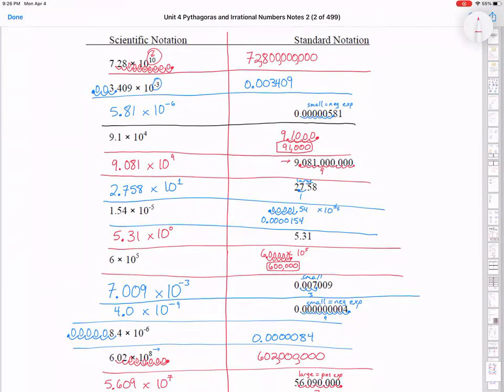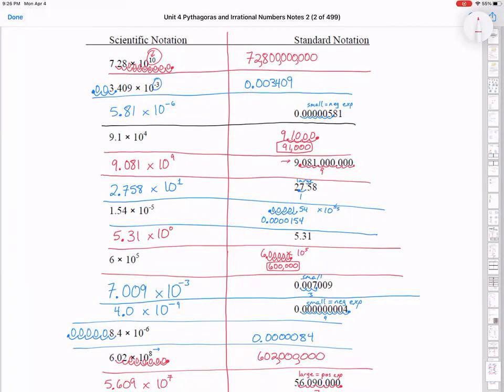If you need to reference this one though, please do it. If you need a blank copy of it, please do it. Try the practice. I don't want to say it's easy to get them mixed up, but you might think, hey, I'm in standard notation, I need to get to scientific, where it might be the other way around. Or be careful which way you move your decimals.